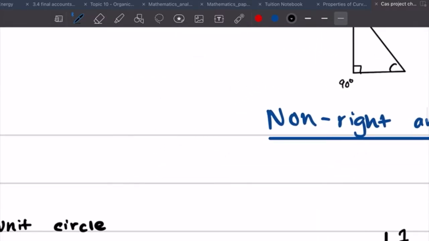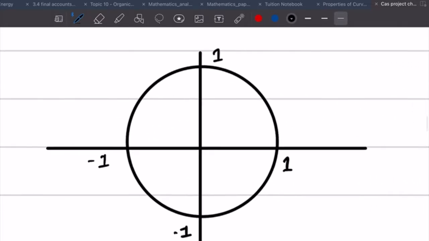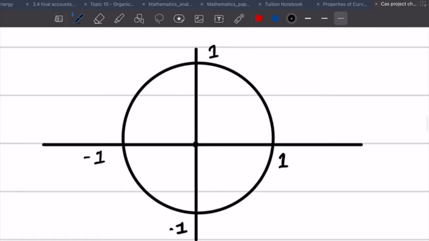So the first part we look at is the unit circle. The unit circle is basically a circle with a center of 0, 0 and a radius of 1 unit.